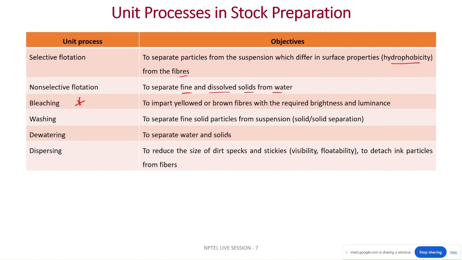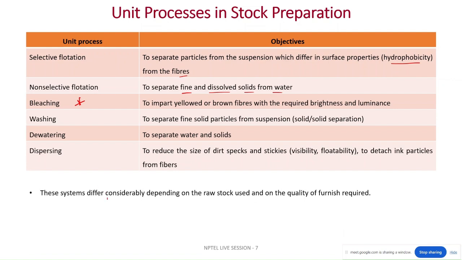Dewatering is to separate water and solid for drying, and dispersing is to reduce the size of the dirt specks or other stickies, like visibility, floatability, to detach ink particles from fiber. We are doing dispersing. So a lot of unit operations are involved in the paper making process, mainly in the stock preparation process of paper making.